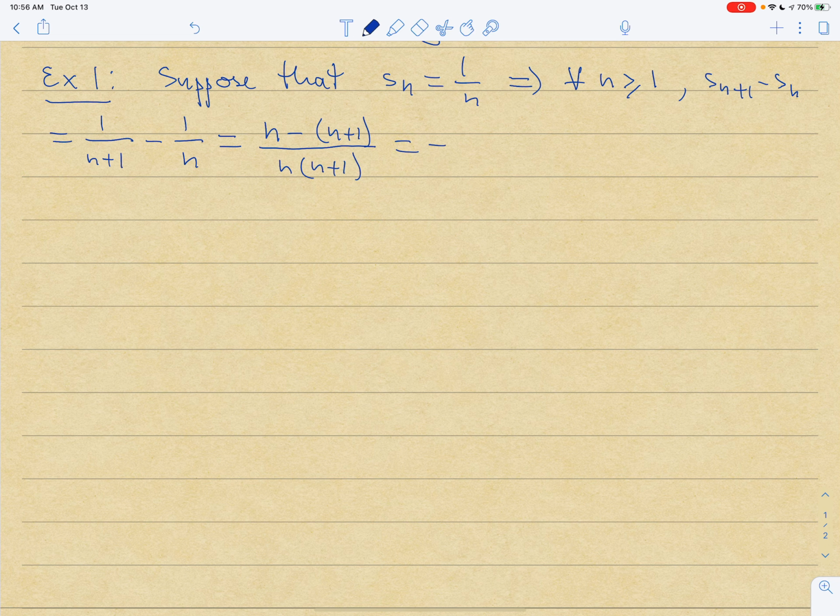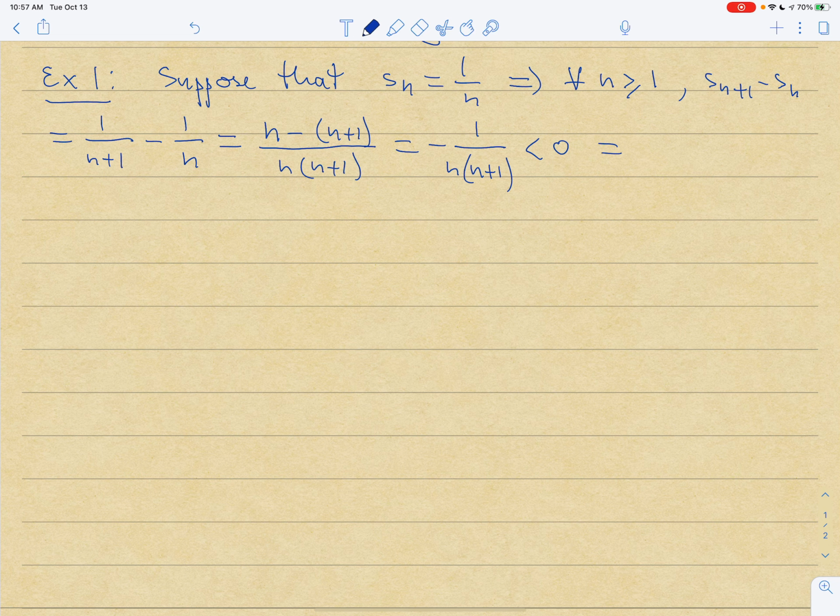This is equal to minus 1 over n times n plus 1. And this is less than 0 for any n.